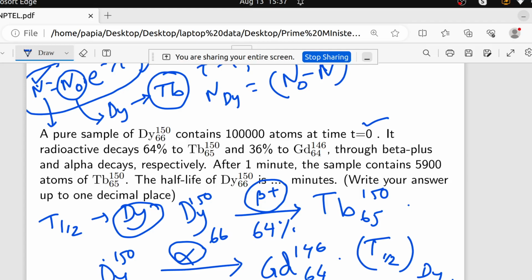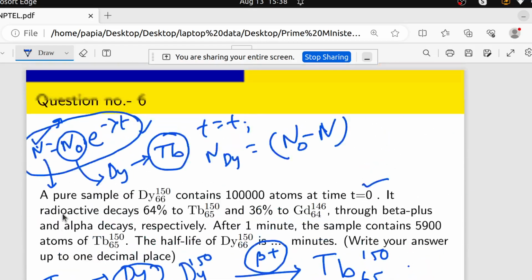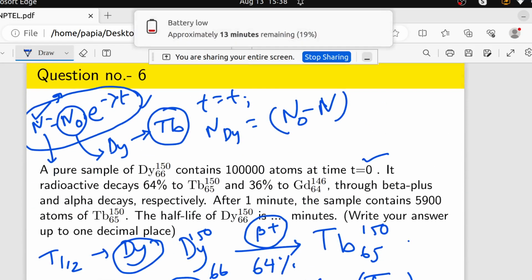The radioactivity will start from t equals 0. So at t equals 0, N0 of Dy is 1 lakh. Now the number of Tb 65 150 atoms at time t equals 1 minute is also given.